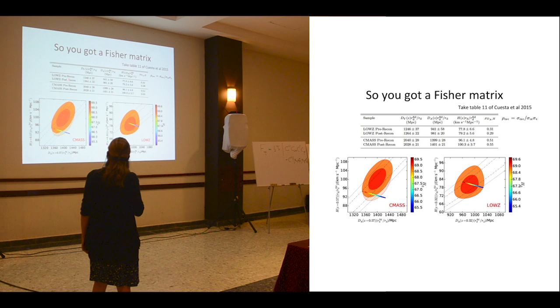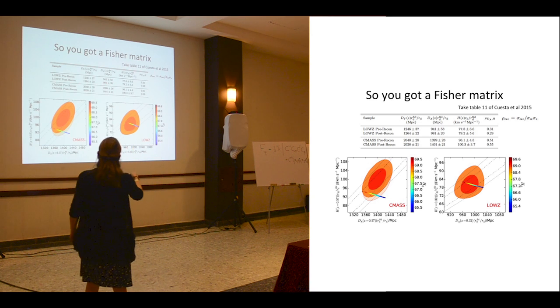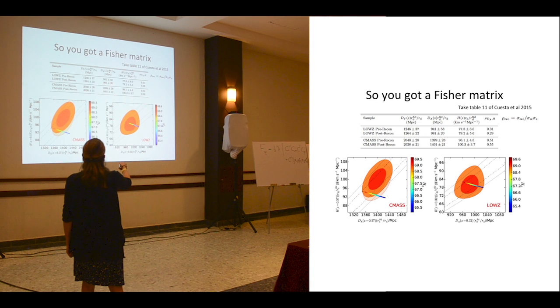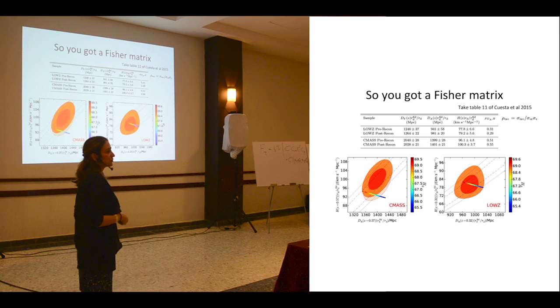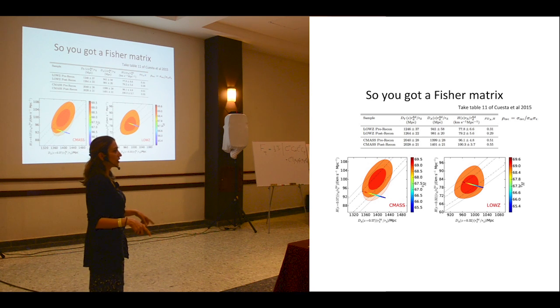You can do, for example, low Z, but you can also do the Z mass sample, which is smaller than ours. It gives you the Fisher matrix in this form: measurement plus or minus error, measurement plus or minus error, and some sort of correlation coefficient. Is that a Fisher matrix? Not yet.